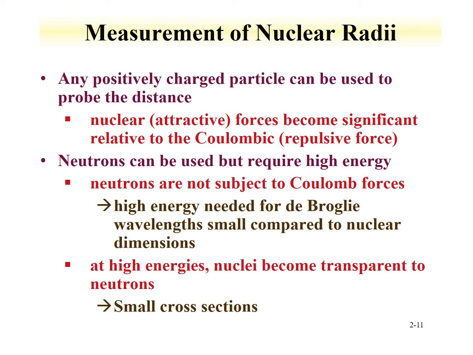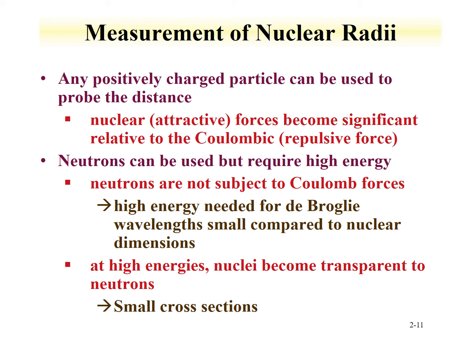Neutrons can be used, but they're going to require higher energies because they're not subject to Coulombic forces. The high energies are needed for the de Broglie wavelength, the wavelength that the neutron takes as it's traveling, which needs to be small compared to nuclear dimensions. The problem with using neutrons is that the higher the energy of the neutron, the less probable the interaction it is going to have with the nucleus.